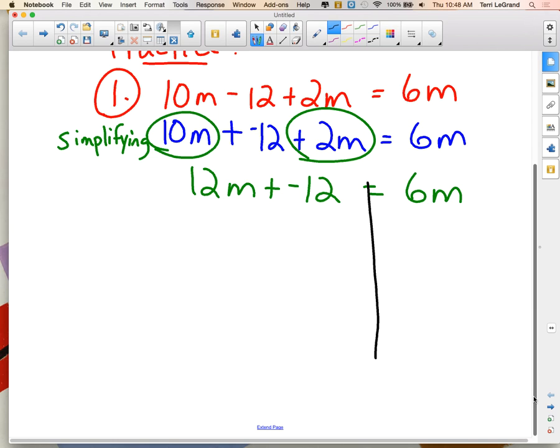No, you can't add 1 and not change the value. If I have $5 and you give me $1, I will still have $5. 0. But we're not going to put a plus 0 there. We're going to say, you know what? Since that side doesn't have a constant, I'm going to concentrate on this side. I'm going to get rid of the variable term on this side, so I'm going to subtract 12m.